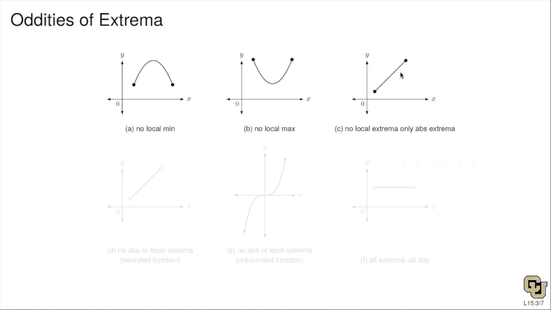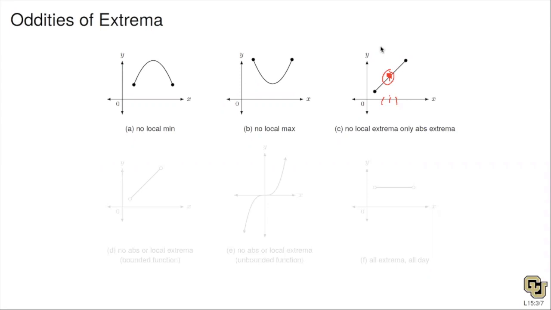If you pick any point that's not an endpoint, so pick this point right here, kind of in the center-ish, what we're looking for is, if you go down here to the x-axis, I want to check to the left and to the right: is this point that I've picked either greater than or equal to all of the points to the left and the right, or is it less than or equal to?